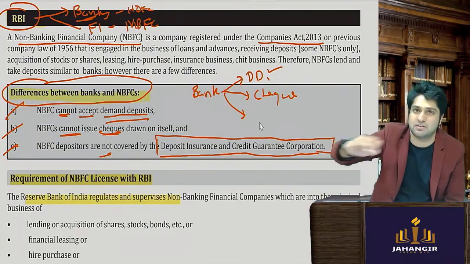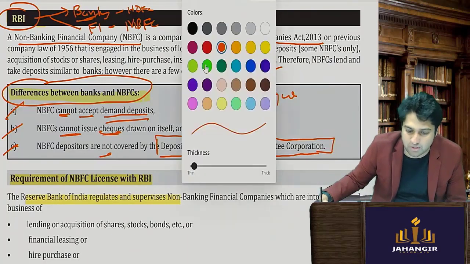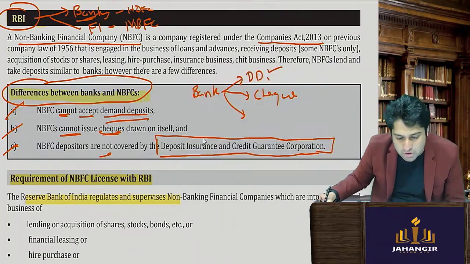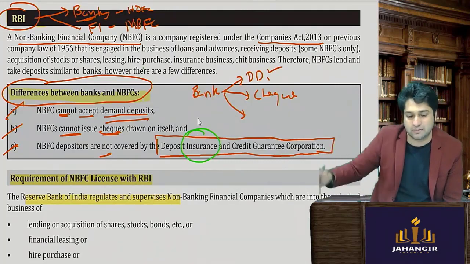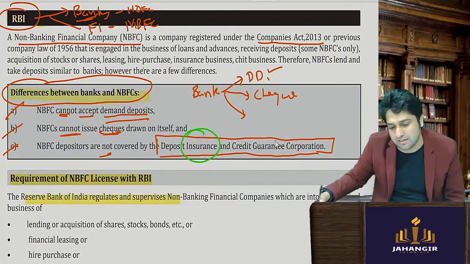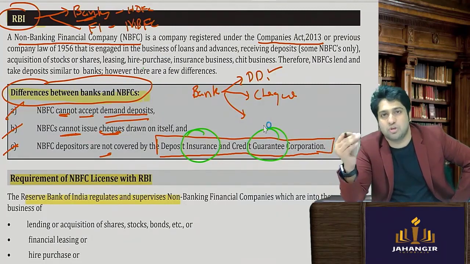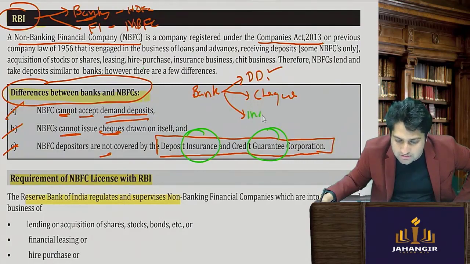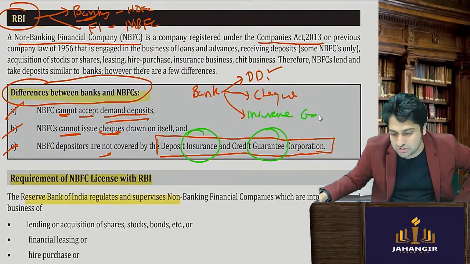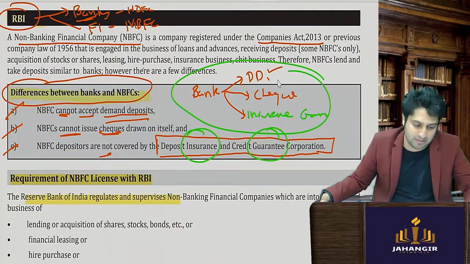All the depositors, so you must have a bank account, are insured: they guarantee that if something goes wrong in the bank, up to 2 lakh rupees or whatever amount is guaranteed. Your money is insured up to a certain amount. All this is not the case with an NBFC.